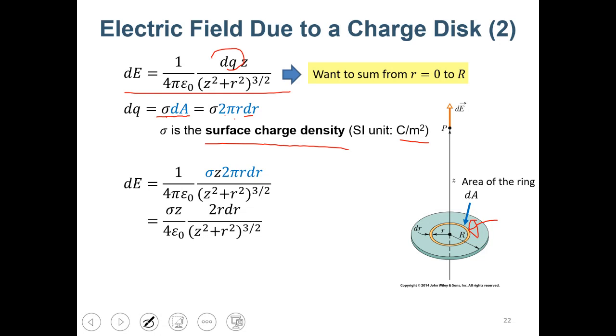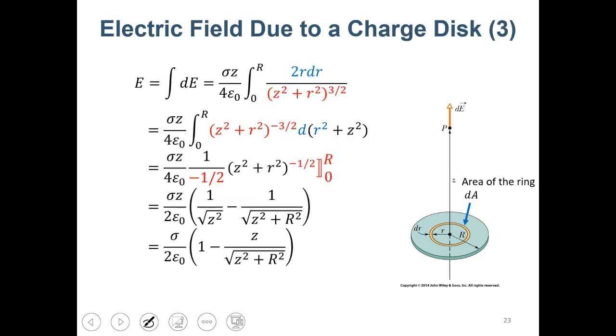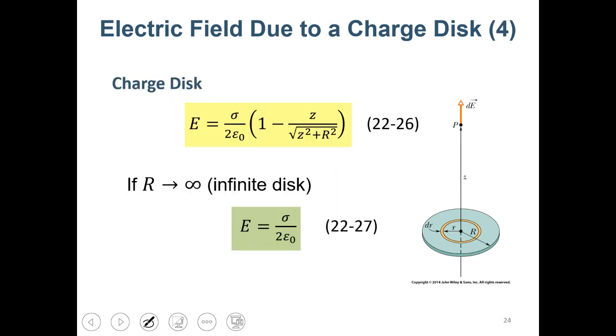Now, you substitute dq to here, and then you integrate this from 0 to capital R, and that's it. So it's simple calculus, so I don't spend too much time on it. So the answer will be something like this.